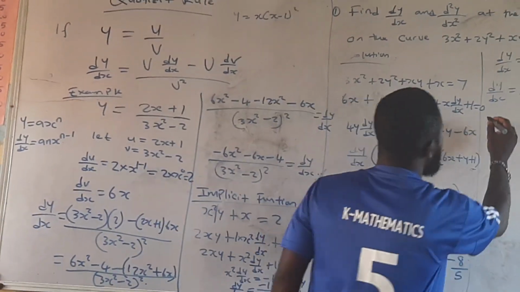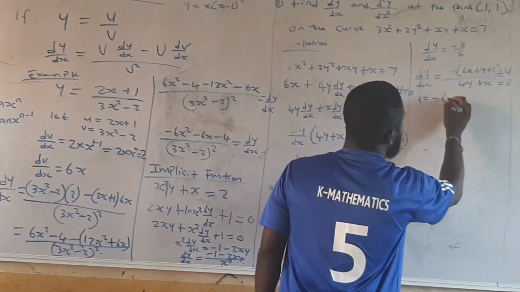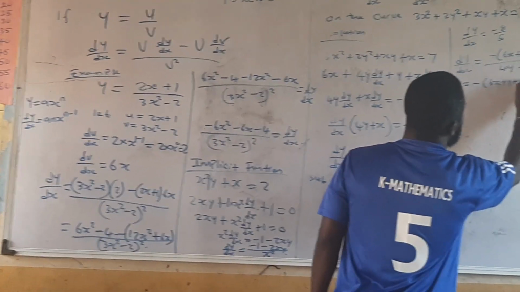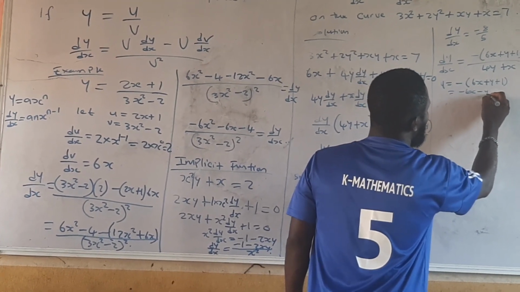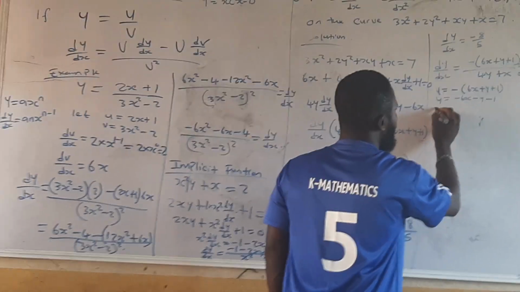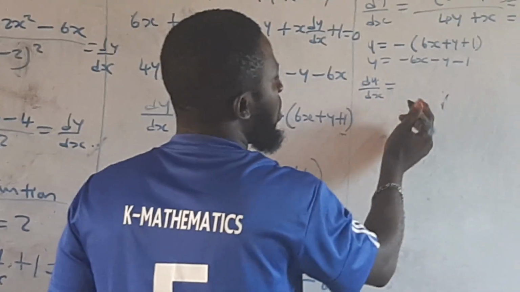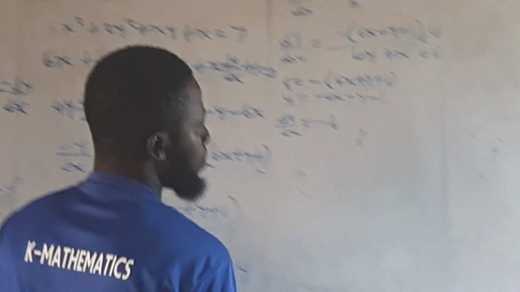So if u equals minus into bracket 6x plus y plus 1, or you say minus 6x minus y minus 1, that's your u. So that means the du/dx will be equal to differential of minus 6x, that will be minus 6.